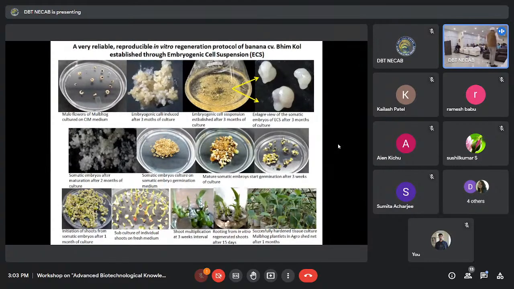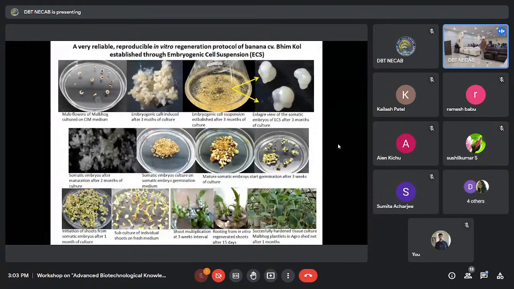By fertilization of what? Male gametophytes and female gametophytes, which are all haploid. When they fuse, you get a zygote, a single-cell diploid zygote. And this zygote undergoes what? Millions of mitotic divisions to develop a mature embryo.